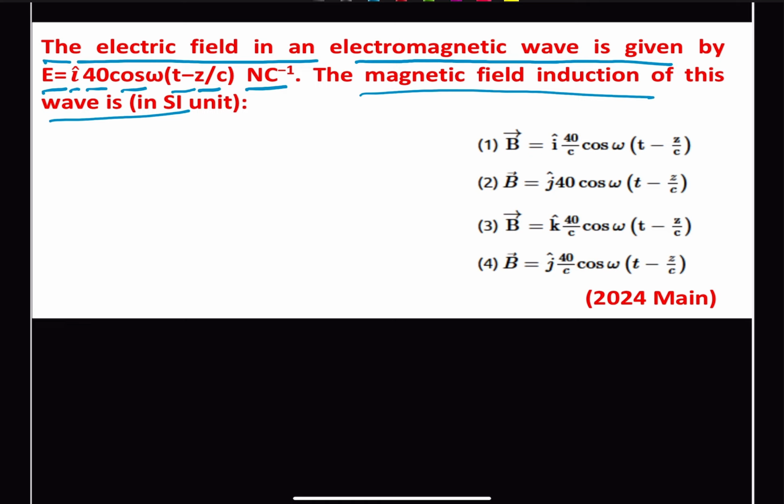Let me first of all write the equation. So we are given that electric field is equal to 40 cos of omega t minus z upon c, and this is whole multiplied by i unit vector. In standard notation we normally write like this. Here the only difference is this i unit vector is put in the front.